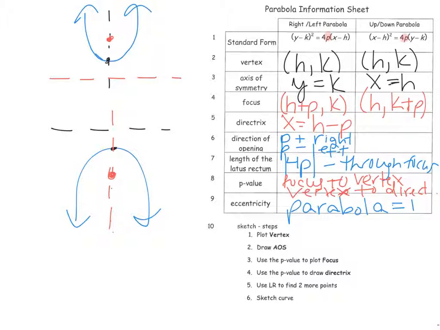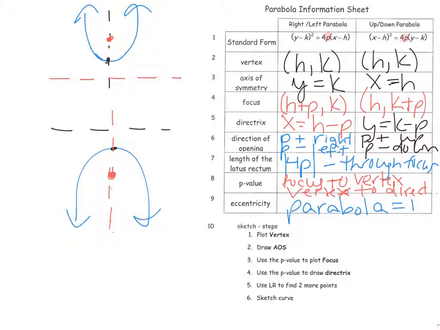So this would be y equals k minus p. You're either going to be going down p units, or you're going to be going up p units, depending on how it opens. And the direction of opening, if p is positive, it's going to open up. If p is negative, it's going to open down.